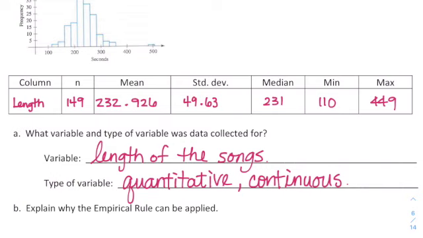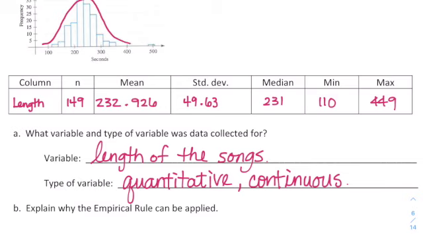Then explain why the empirical rule can be applied. Now this is B, you need to look at the histogram. Well, the histogram is kind of like a bell curve.